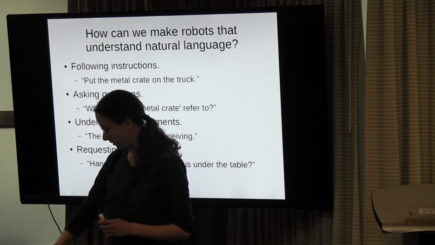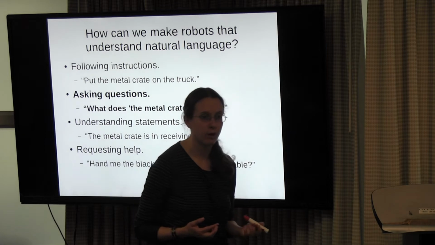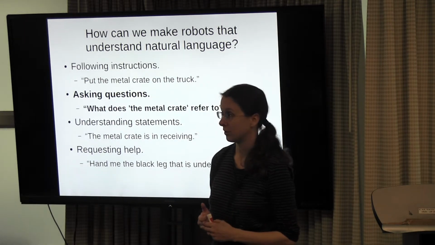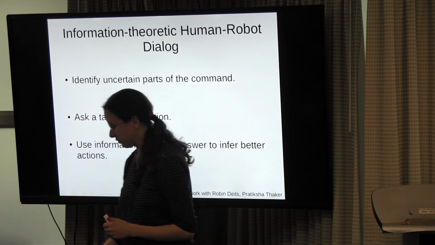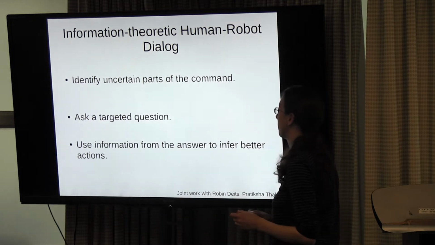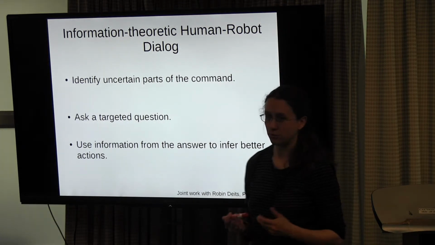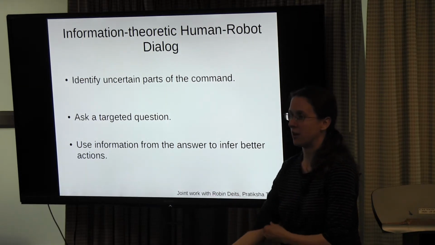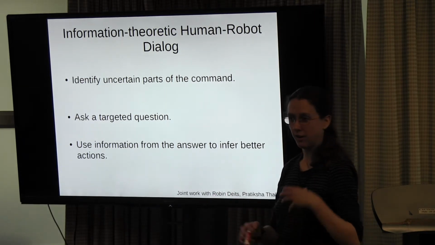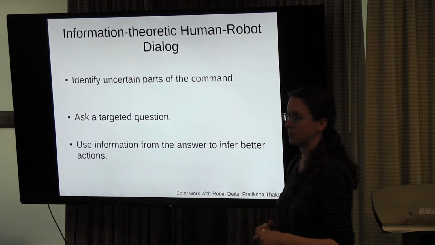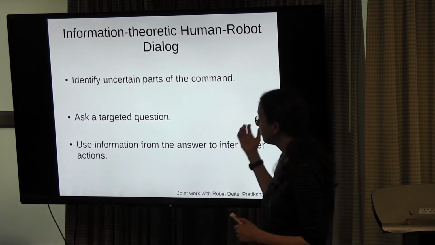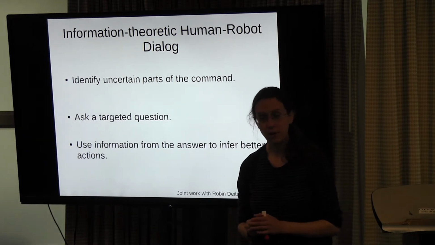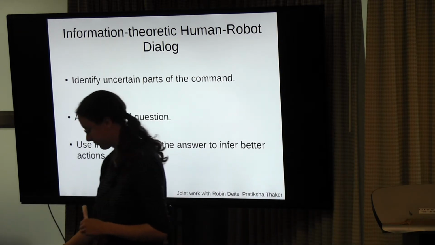So what we did to address this was make our robot ask questions when it's confused. I call this information theoretic human-robot dialogue. It leverages the idea behind having a graphical model with random variables corresponding to different parts of the command, so our robot can intelligently select questions based on its self-model of what's going on.